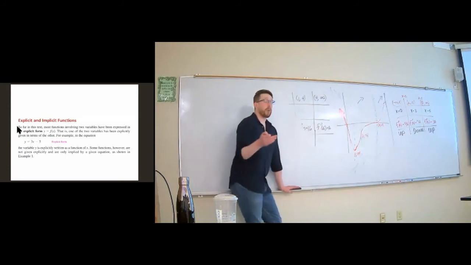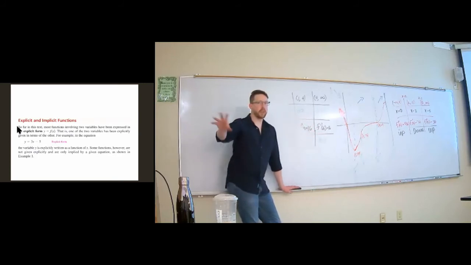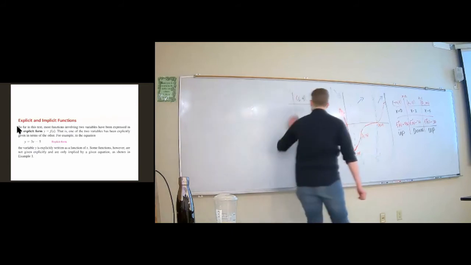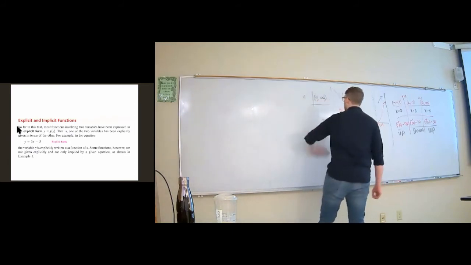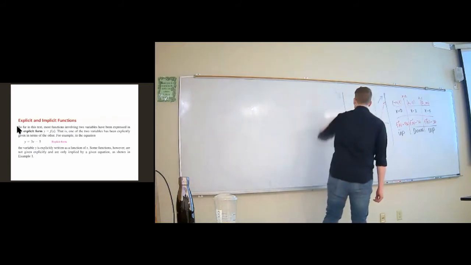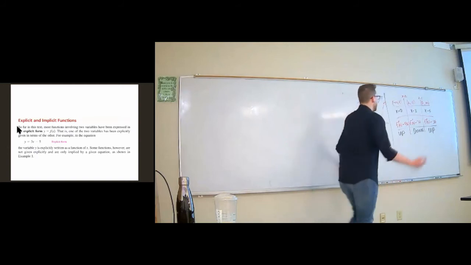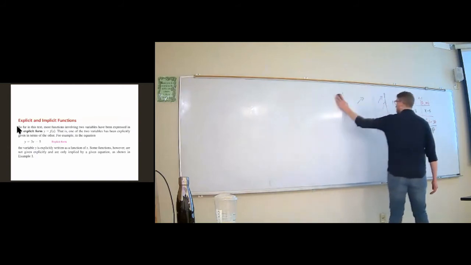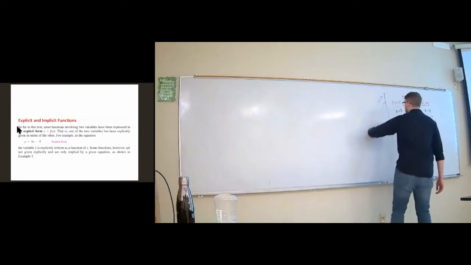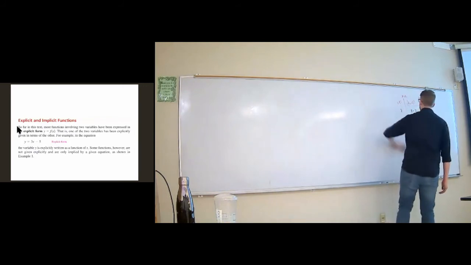An implicit function says the two things are kind of related together, so you can't write a strict set of instructions that says y is equal to something with x. The two are somehow tied together so that you can't separate them out. That is what an implicit function is. So explicit, you can write strictly as y is equal to something in terms of x. Implicit, you can't untangle the two variables.